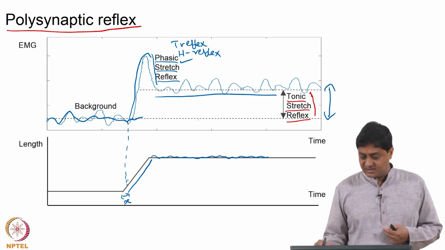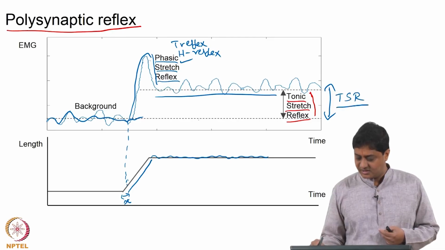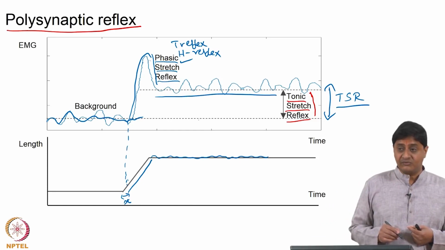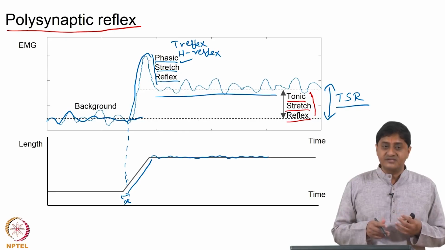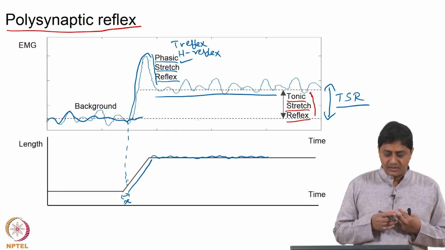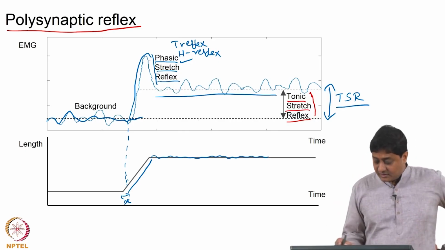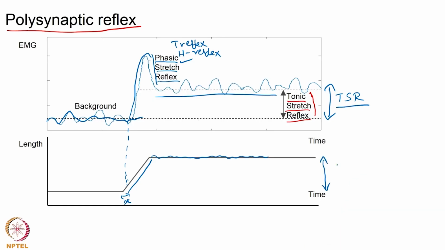This difference is due to what is called the tonic stretch reflex. This involves not a monosynaptic pathway, but rather a polysynaptic pathway involving several interneurons. And let us remember that, so that means what? That means tonic stretch reflex is the response of the system to a level change.